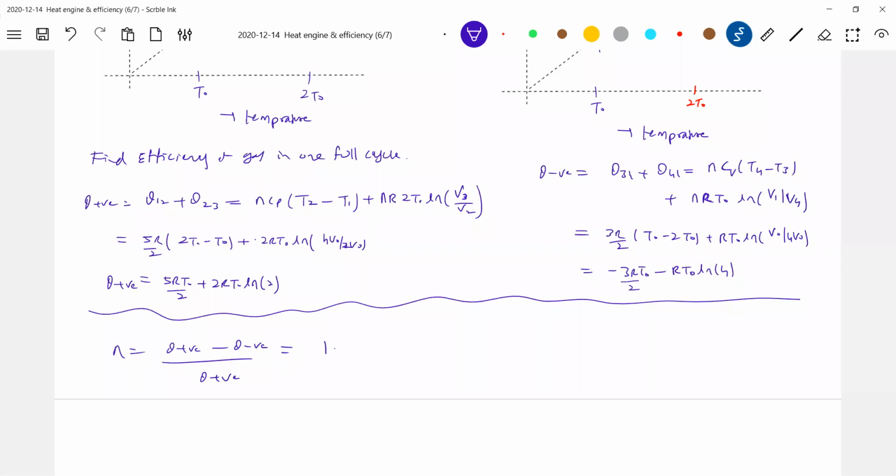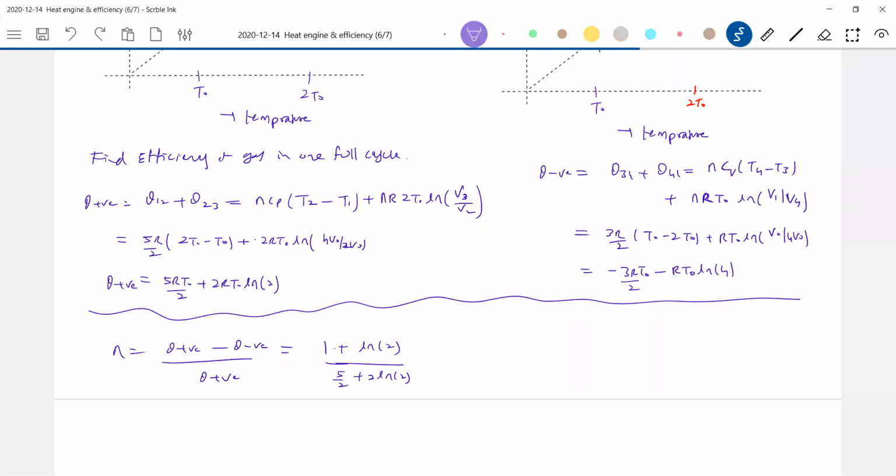Now 2R and R, so this will be 1 plus, and RT0 will also get eliminated, log 2. Check it, is it okay? RT0 will get eliminated. I'm writing it directly to save time.